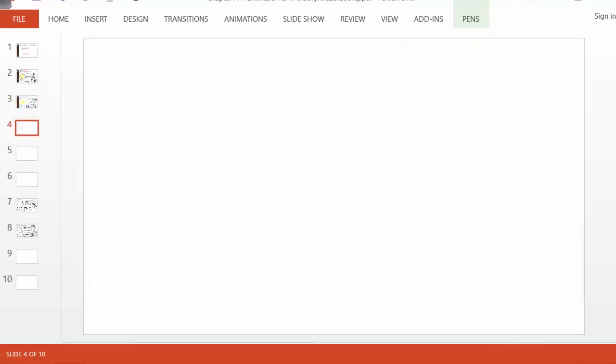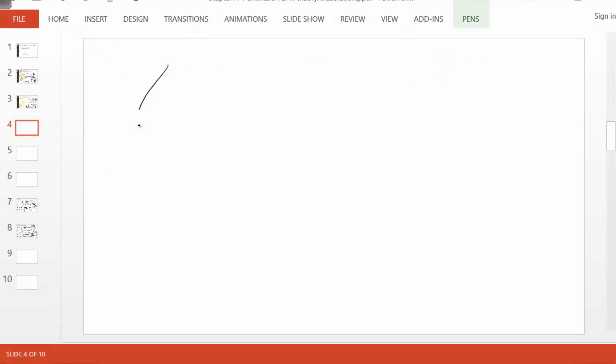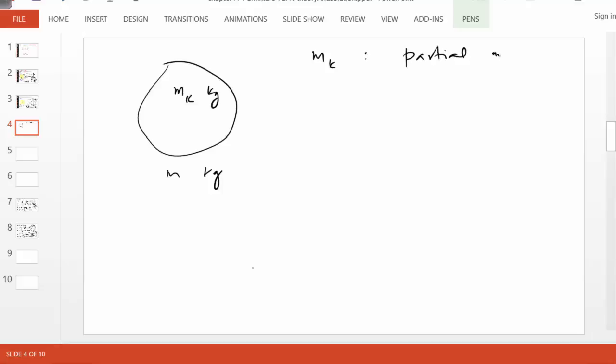Okay, let's now introduce a couple more properties of a mixture. So if you have an m kg of a mixture and each component has a mass of mk kg, mk is sometimes known as the partial mass of component k.